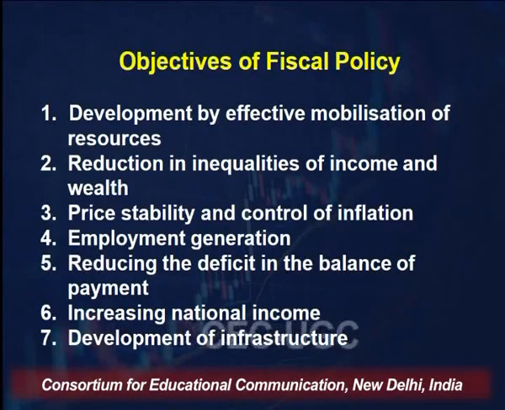Another objective is reduction in inequalities of income and wealth, because government has to take care of the welfare of the people living in the economy, and therefore needs to reduce the inequality of income. One example from the Indian economy is that government uses the instrument of taxation to reduce inequality of income along with other instruments of fiscal policy.